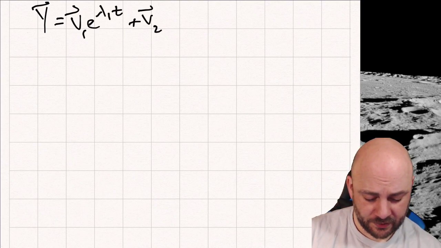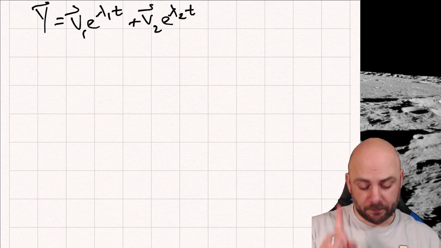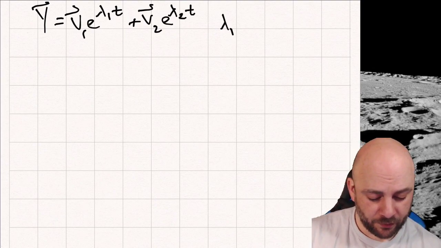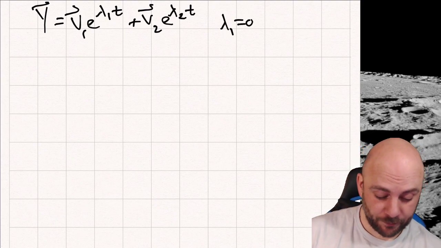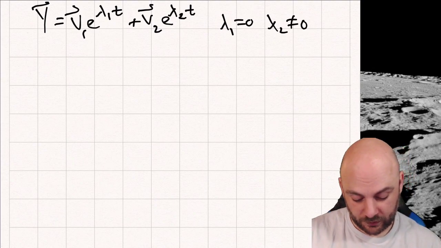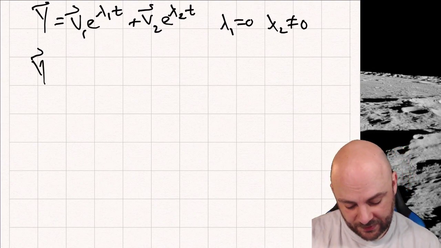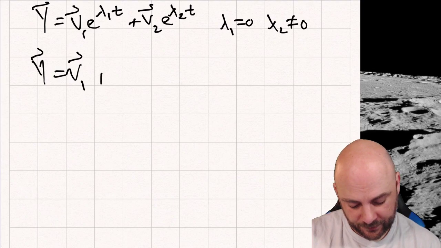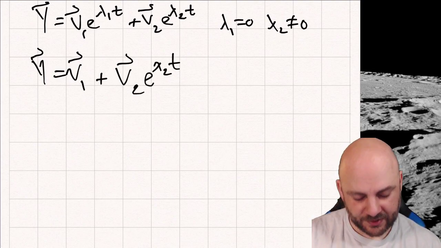It always looks like this because these two guys are linearly independent from one another. But now we're in the case where lambda 1 equals 0 and lambda 2 does not equal 0. So my solution simplifies a little bit: some vector plus some other vector times e to the lambda 2 t.